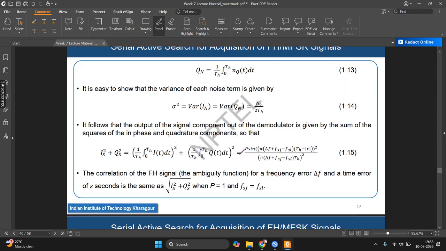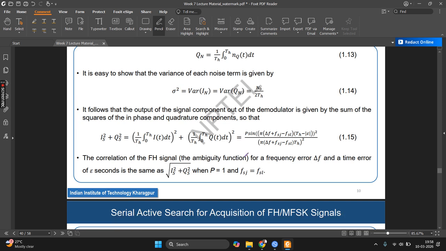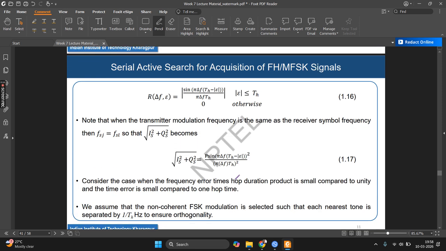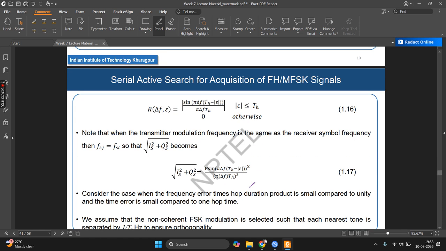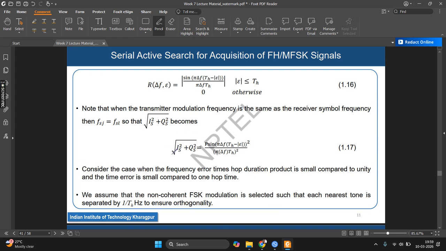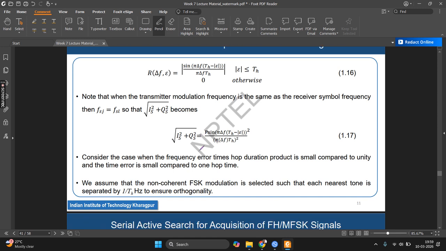They are two frequencies. So when the two hops match, basically kind of an autocorrelation, and p is equal to 1, you will get the correlation of the FH signal. It can be shown that this root of Is square plus Qs square is the correlation.